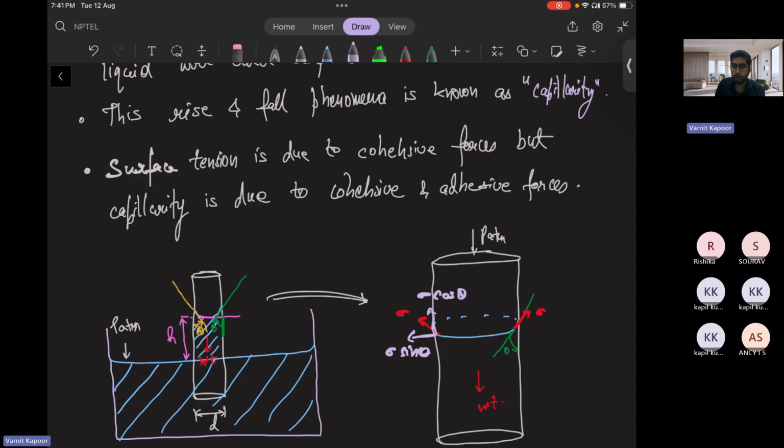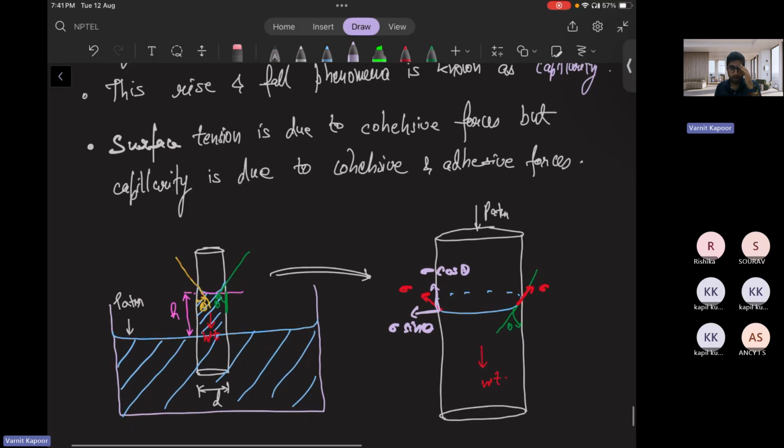So all the horizontal components are going to cancel out, whereas all the vertical components remain, which are responsible for making the curvature of that interface, like that in a droplet, air bubble, soap bubble, or liquid jet.